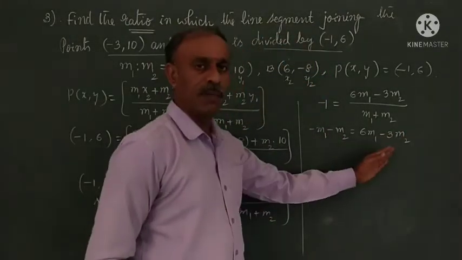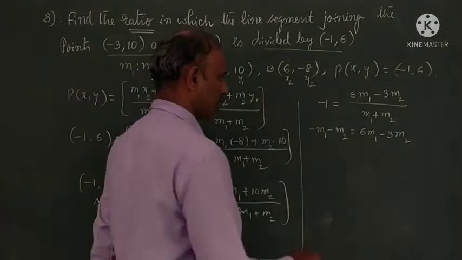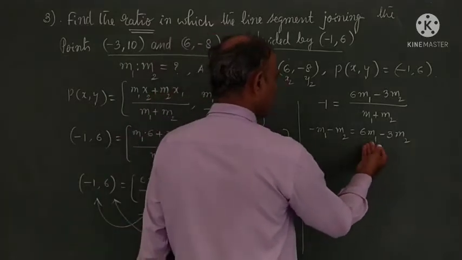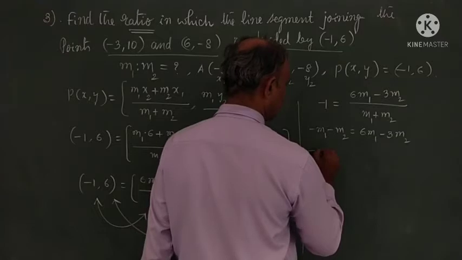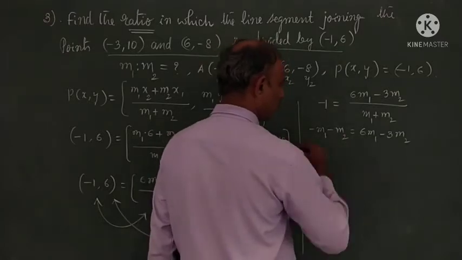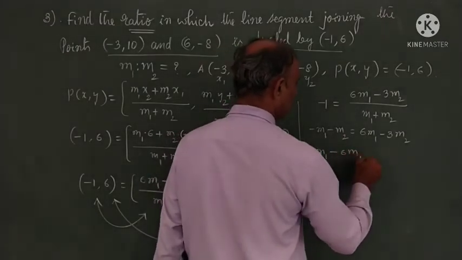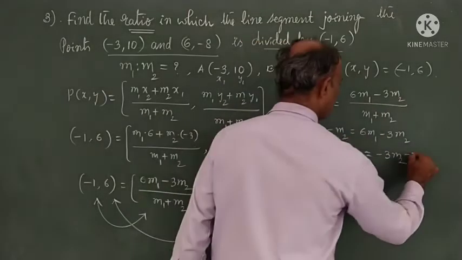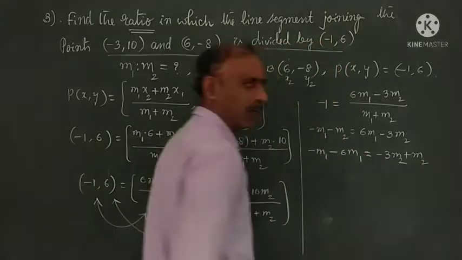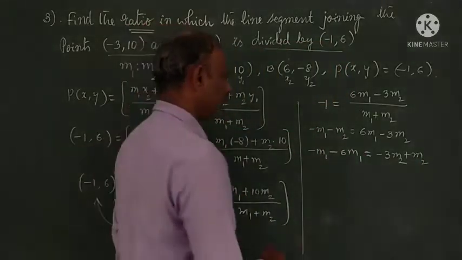Now shift m1 to one side and m2 to the other side. Minus m1 minus 6m1 is equal to minus 3m2 plus m2. You can shift to any side you want.